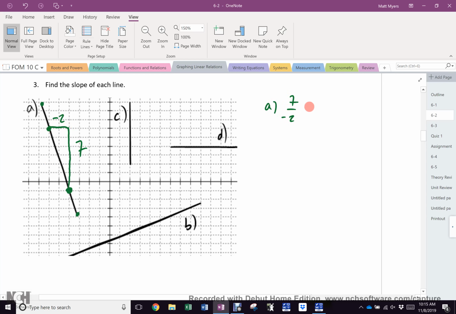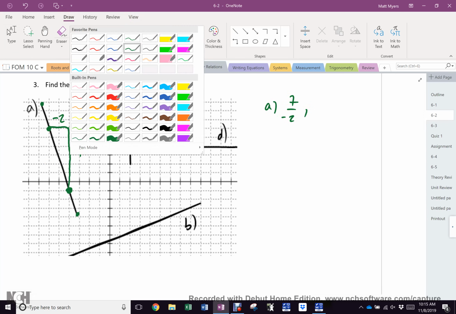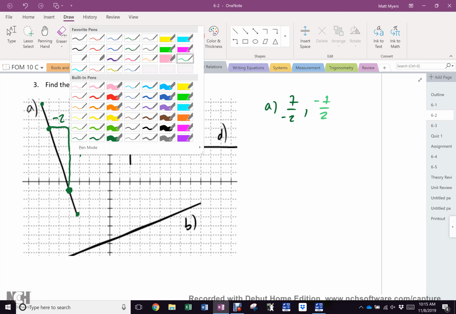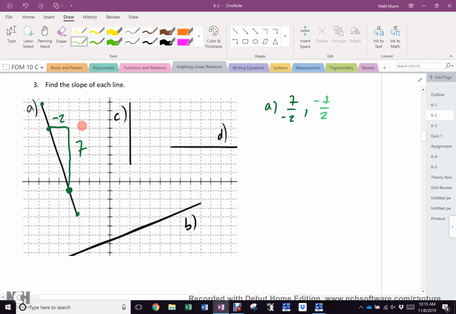Could you write, and I'm going to change colors, but I'm going to keep them green, -7 over 2? Is that okay? Yes. Could you write -7/2 with one negative sign right in the middle?